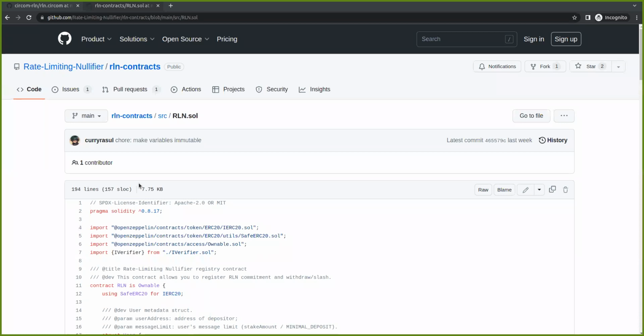An idea I had in mind is if you can decouple this parameter from the circuit itself. If there is an on-chain storage slot that you can use as input to the proof of the circuit, then what you are proving is not that the message limit is X. You're proving that the message limit is this value on this storage leaf on the Ethereum blockchain, for example.